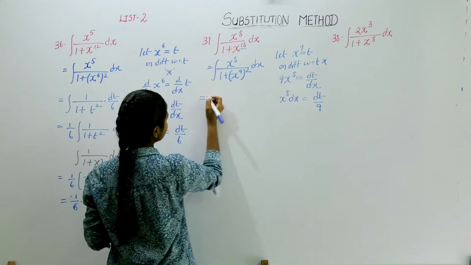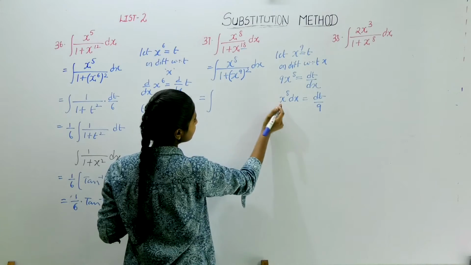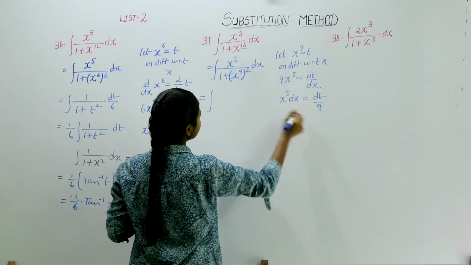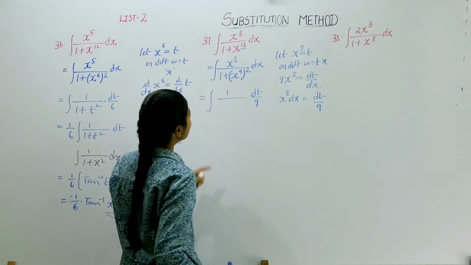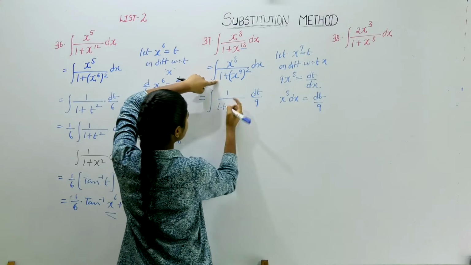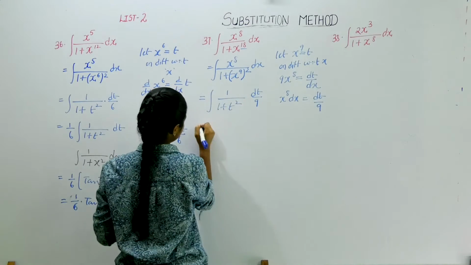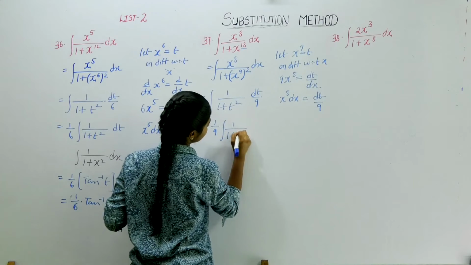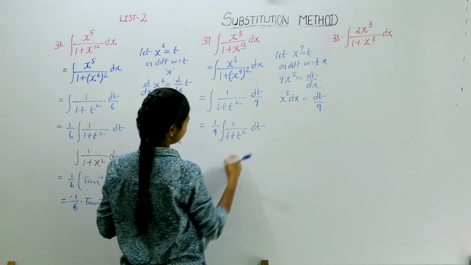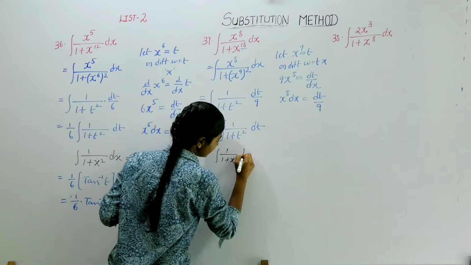When we substitute it here, in the place of x power 8 into dx, I substitute dt by 9. And in the denominator, 1 plus, in the place of x power 9, t square. Here, 1 by 9 is a constant, take it out of the integration. And we have the form of integral 1 by 1 plus x square dx.